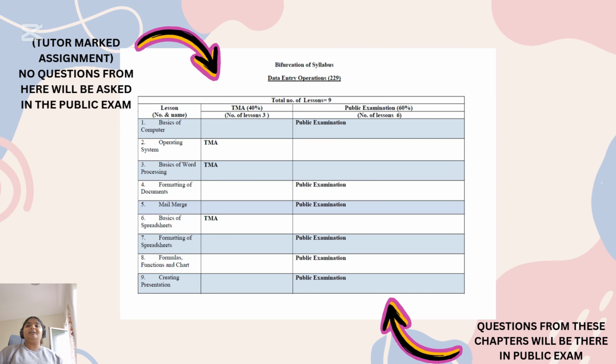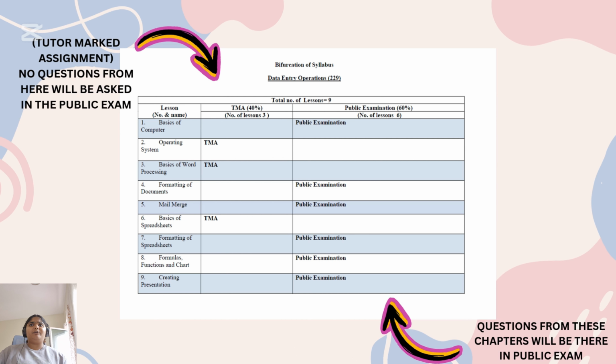So I would say that once you are done with your TMA, focus on the public examination chapters because questions from there will be asked, whereas questions from the TMA chapters will not be asked. So I hope you can manage your time accordingly.